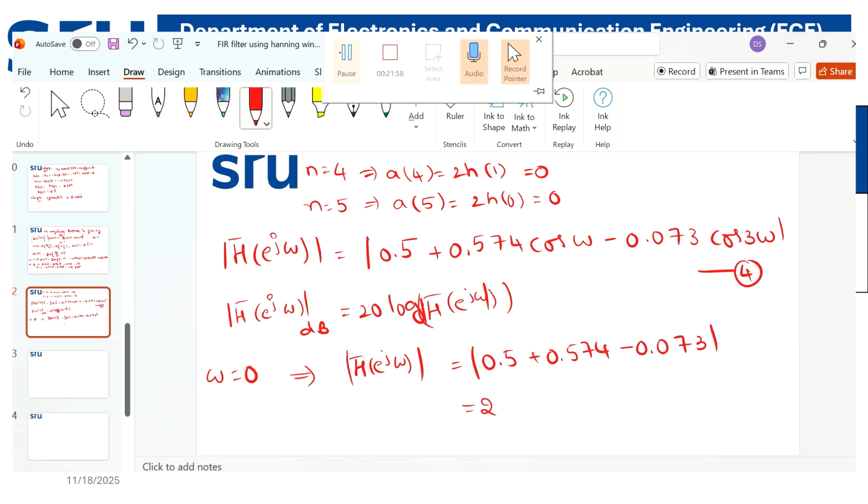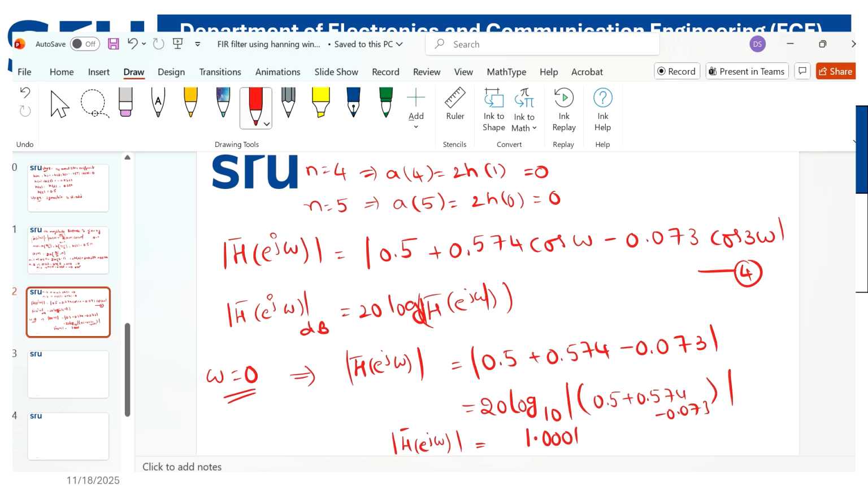Then find the 20 log of the answer. 0.5 plus 0.574 minus 0.073, the value will be somewhere around 0.001. This is the magnitude at omega is equal to 0.